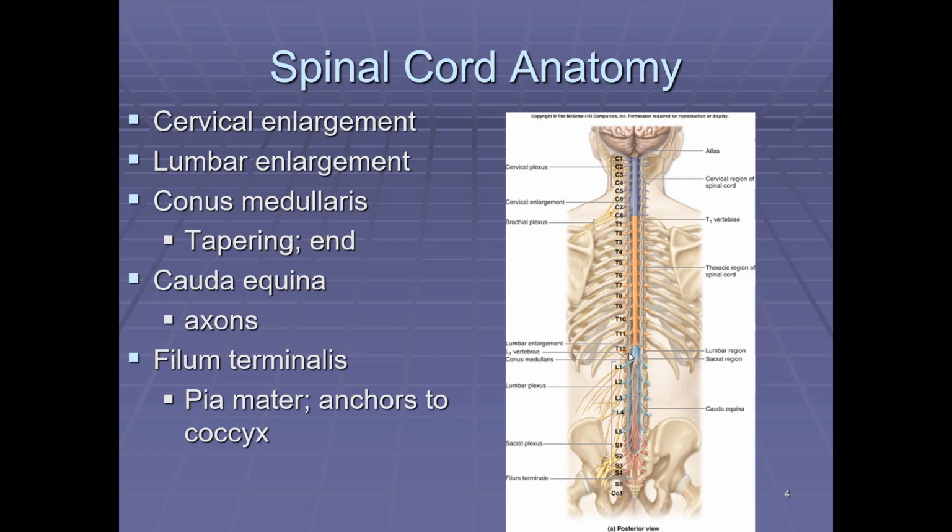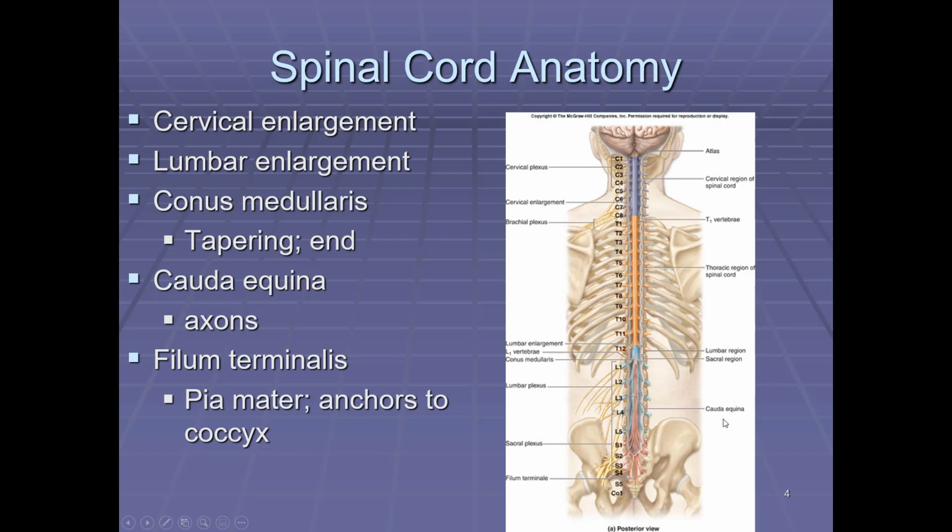If we find the end of the spinal cord, it doesn't look like much here, but it should come to a tapering end, almost like a little point or cone shape. That's called the conus medullaris. Then, as you can see down here, you get a fanning out of the nerves coming off the end of the spinal cord.